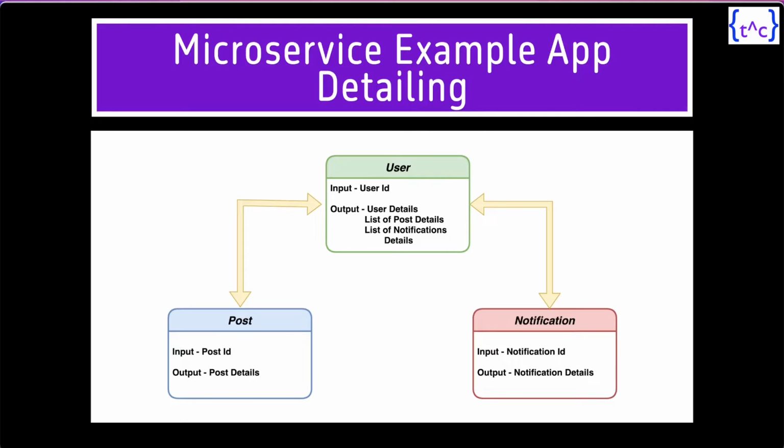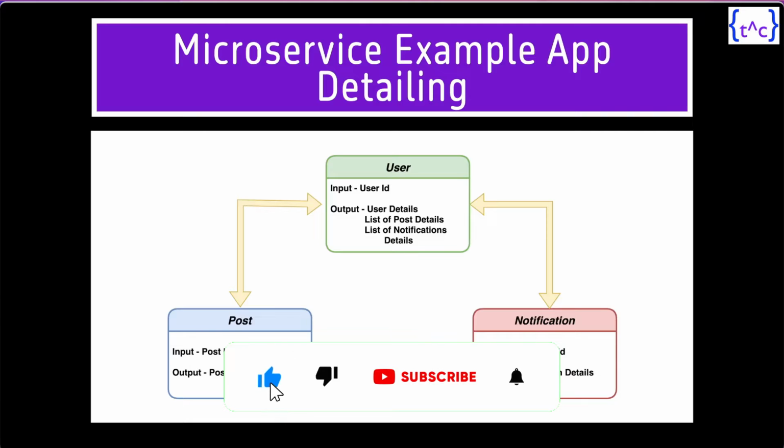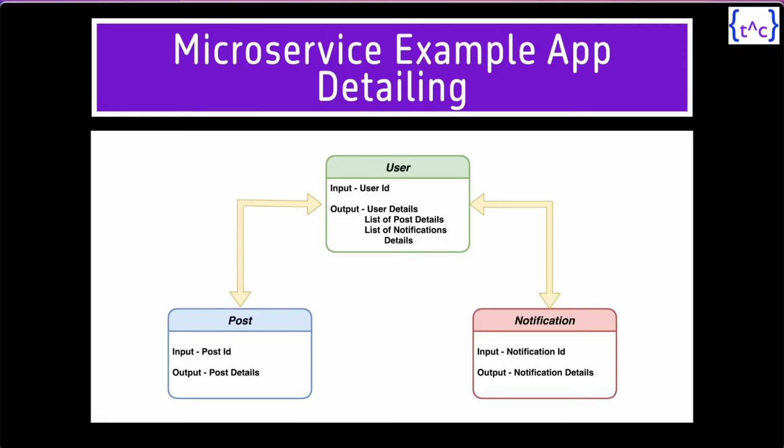In this green box, the user service, you can notice there is an input. This service will take a user ID as input and will give us the output as user details, which will consist of a list of post details as well as notification details. But we should understand that this user service is specifically designed to have only user-specific information.